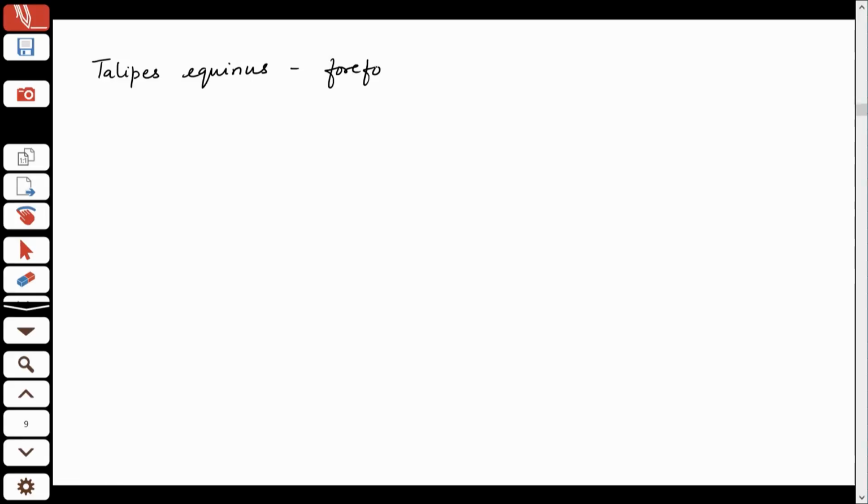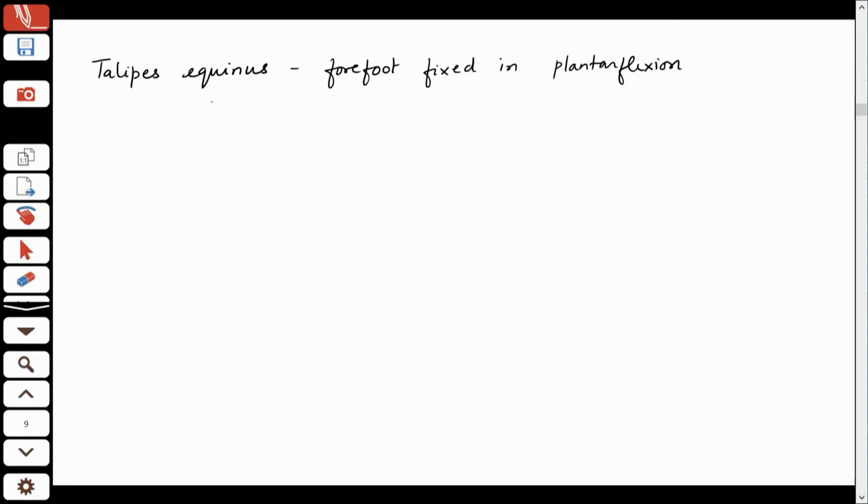This is the opposite of the other one. Here the forefoot is fixed in plantar flexion. So, the previous case was excessive dorsiflexion, here it is plantar flexion, and this could be because of spasticity in the triceps muscles, calf muscles, which are the plantar flexors.